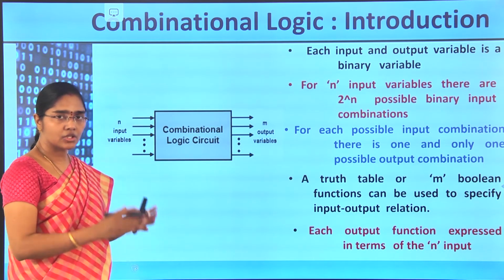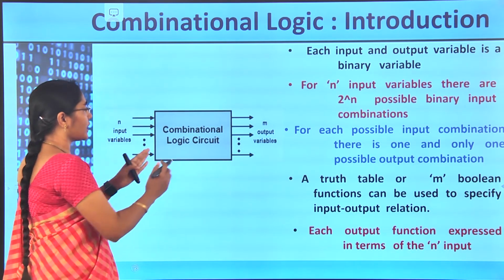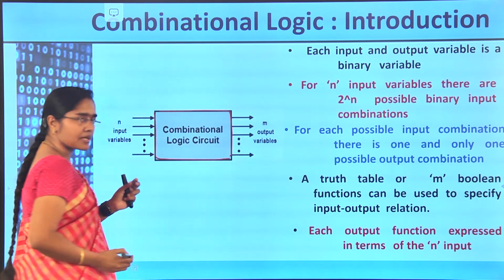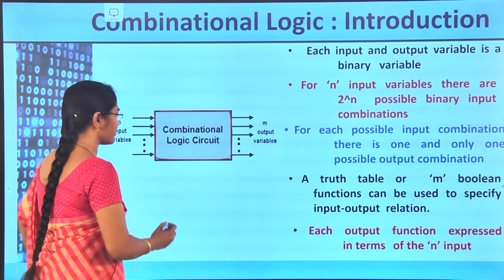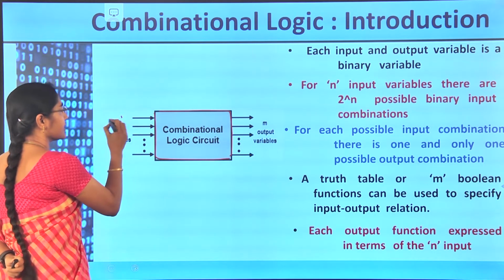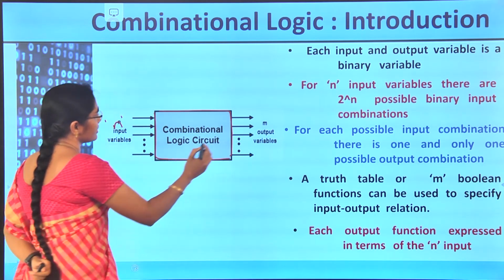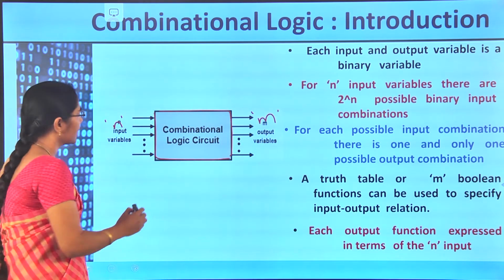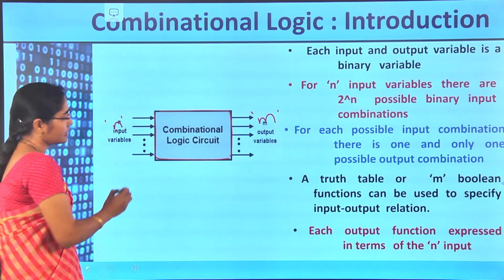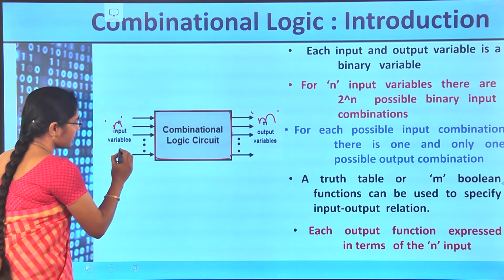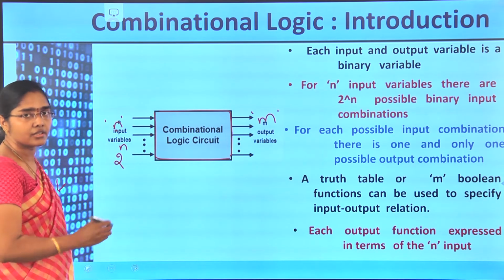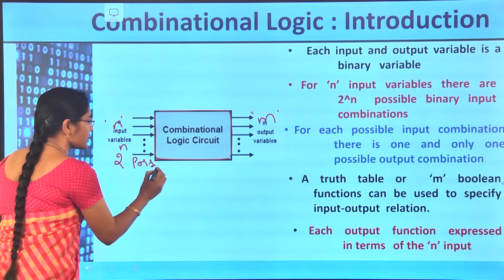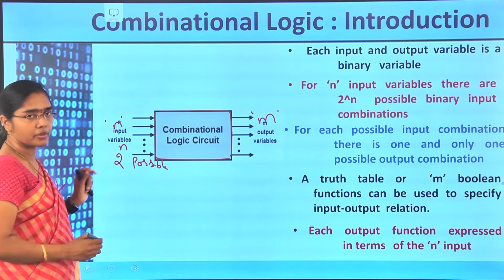Till now, what we have seen is that one combinational circuit is going to have some number of inputs and some number of outputs. Let us take n inputs and m outputs. If n inputs are there, then the total possible input combinations are 2 power n.